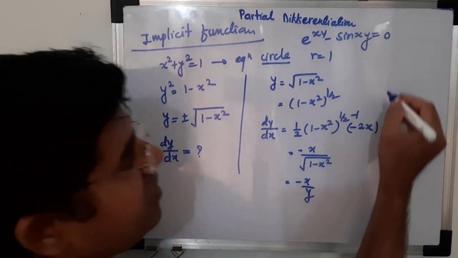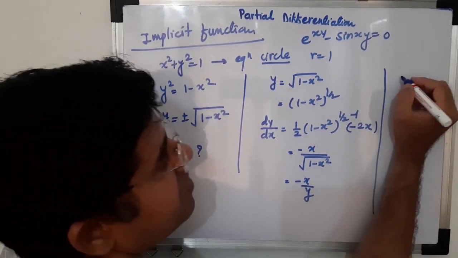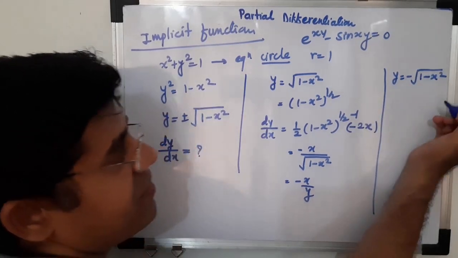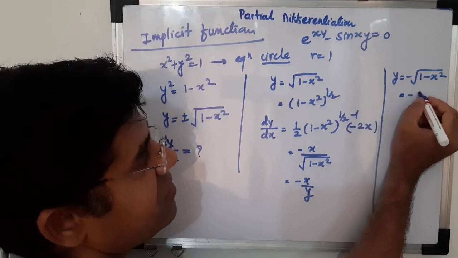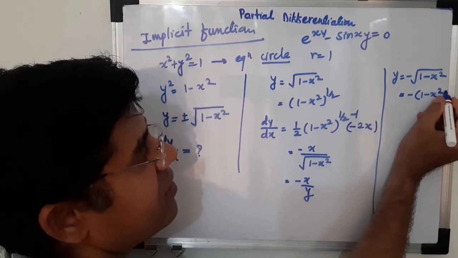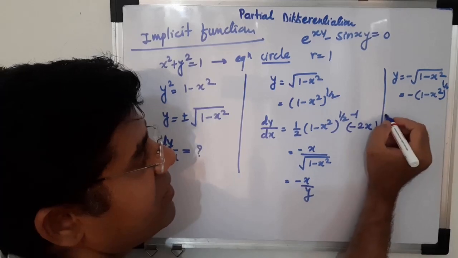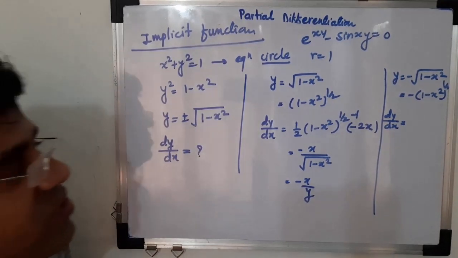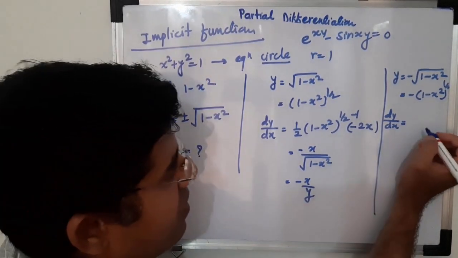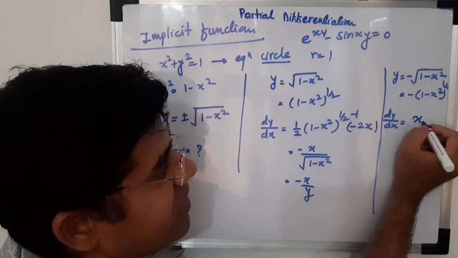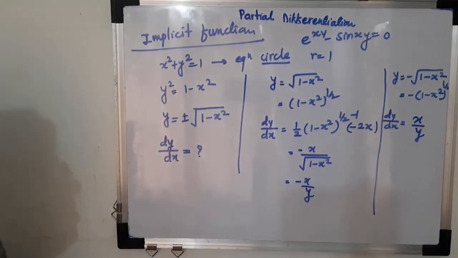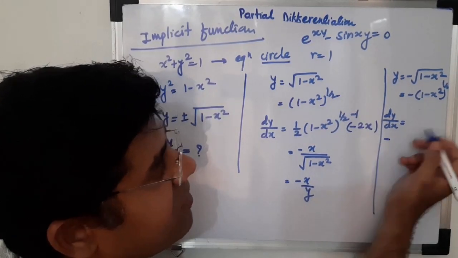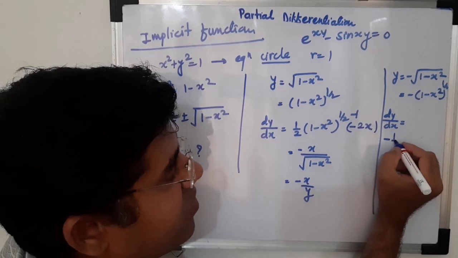Now take the negative root, y equal to minus under root of 1 minus x square, that is minus 1 minus x square raised to half, and find dy by dx. The minus sign is the original one, and the half comes over here.